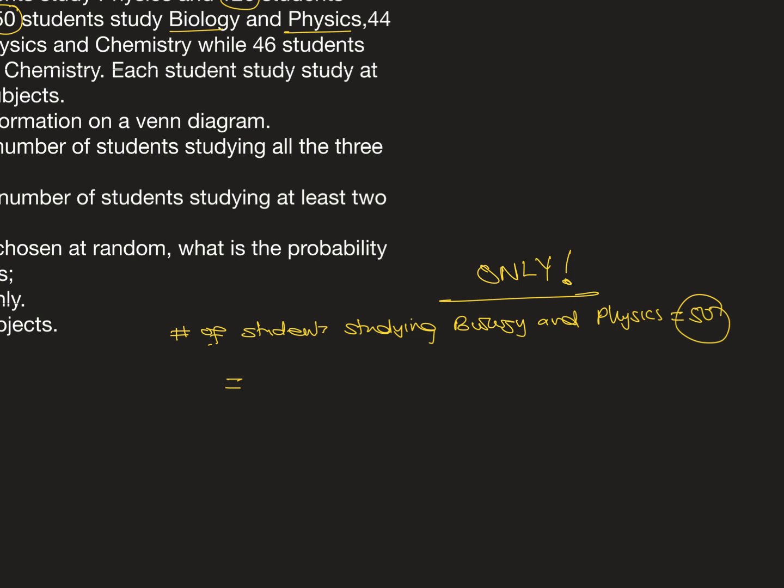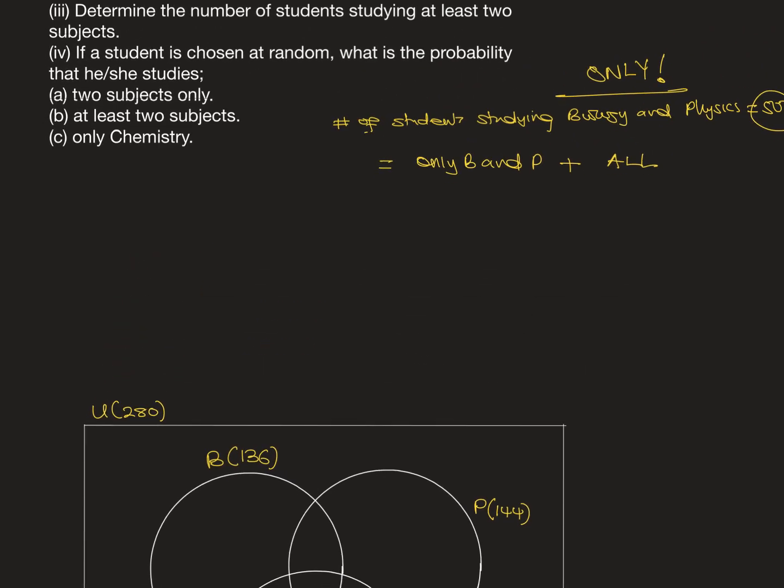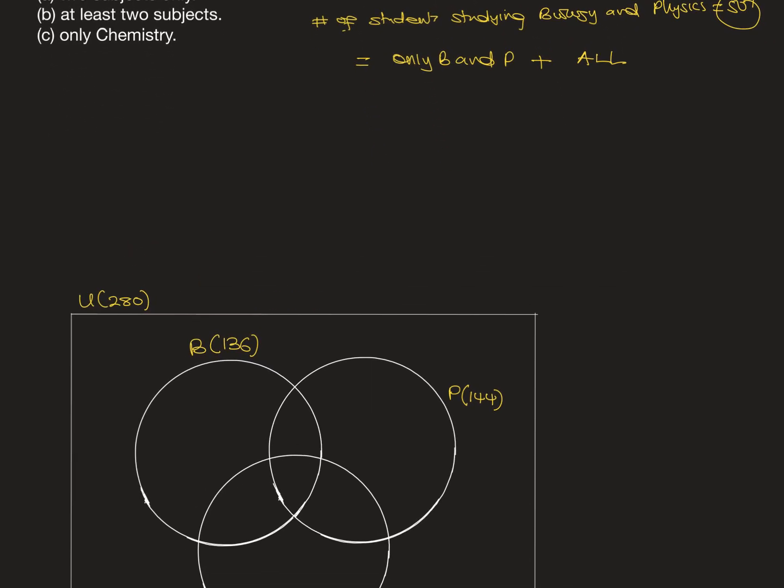Those studying only biology and physics plus those studying all the three subjects. You get that? Yeah. If the word only had been mentioned, then it would have been right for you to say, okay, biology and physics only is 50, but that is not the case.